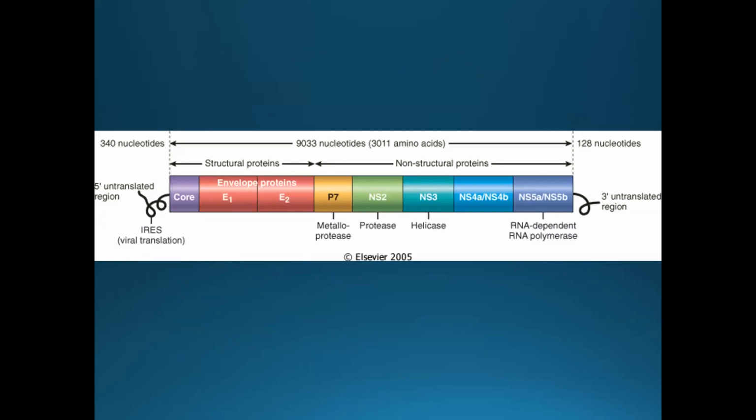The reason why it is not a neutralizing antibody is that there are two regions within the genome of this virus. The first one is the RNA-dependent RNA polymerase, which has a very poor proofreading ability. So it makes a lot of mistakes as it is making the genome of the virus.